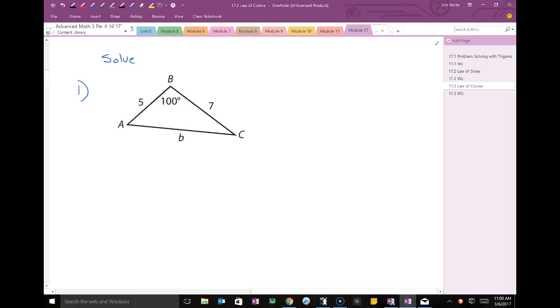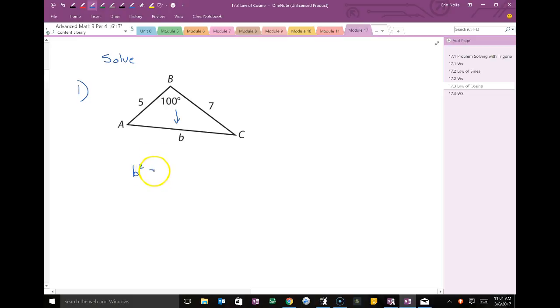Which of those three formulas that you wrote down am I going to use? The b squared. Very good. It's always easy to identify because it's the one that's always opposite of the angle. Everybody looking at that b squared equals formula? I'm not going to write it down, I'm just going to plug in the information.